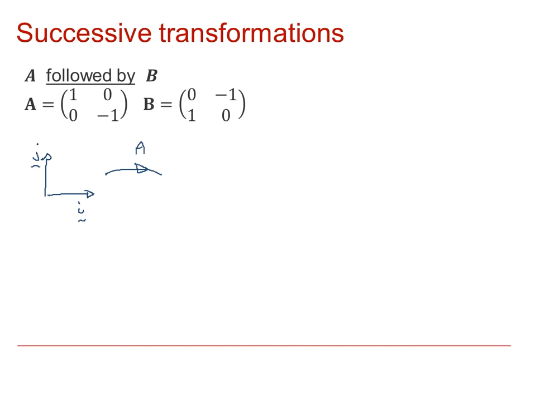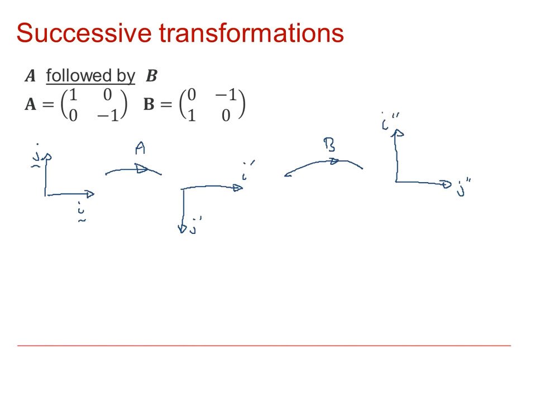So A, being the reflection, produces the following, where this is i dashed and this is j dashed. So that's the reflection in the x-axis. We then do a rotation of that one, B, and we end up with j double dash, we could call it, because it's been transformed twice, at that position, and i double dash here.